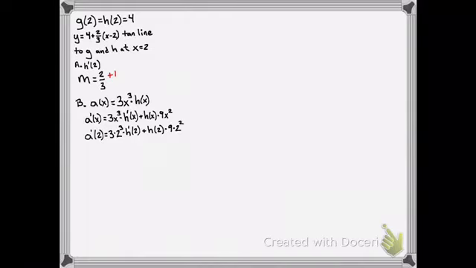So if we go through and work that out, we have 3 times 2 cubed. Well, 2 cubed is 8. 8 times 3 is 24. And then times h prime of 2, we just did that in Part A. Part A asked us to find h prime of 2. It's 2/3. So we can simply multiply by 2/3. Plus h of 2, well, if we go back to the original problem, h of 2 is 4.